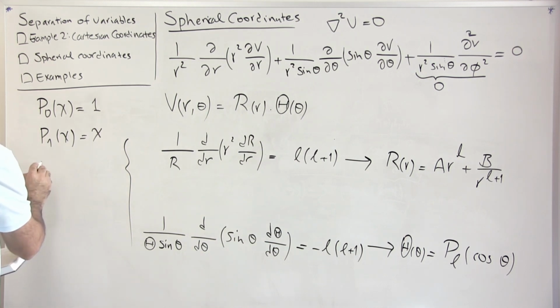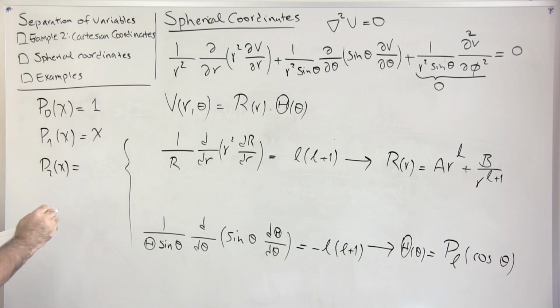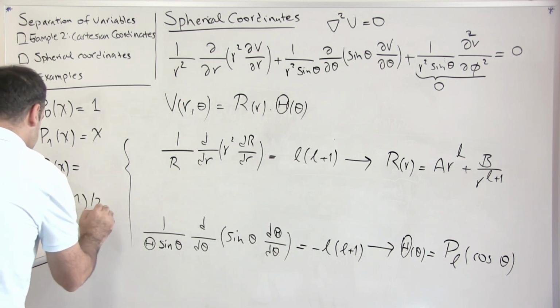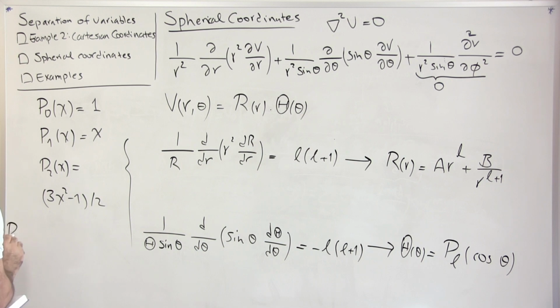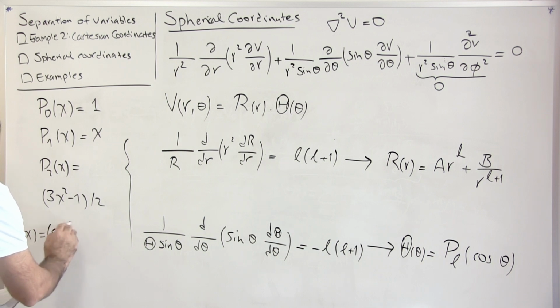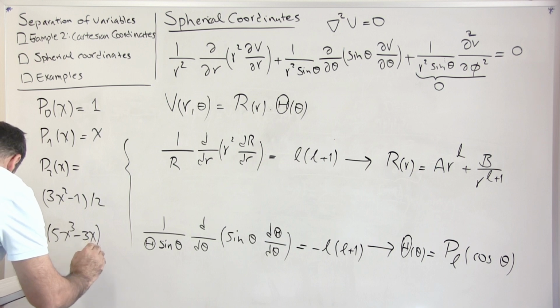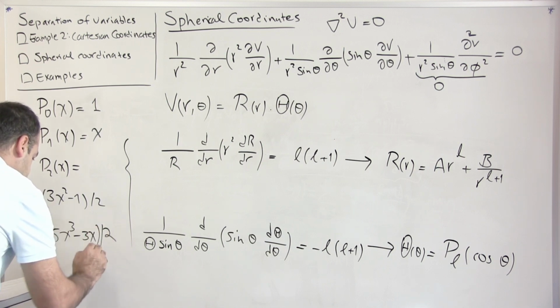The second order P of x is (3x squared minus 1) divided by 2. The third order is (5x cubed minus 3x) divided by 2.